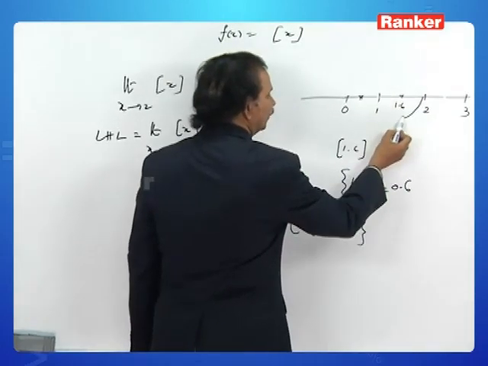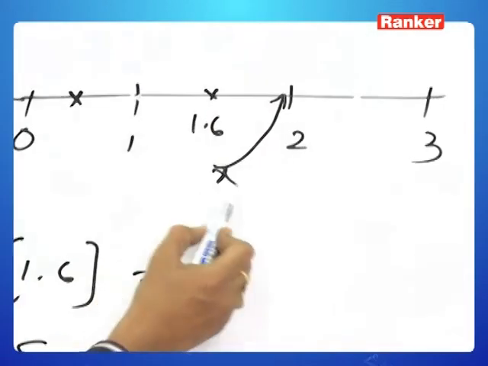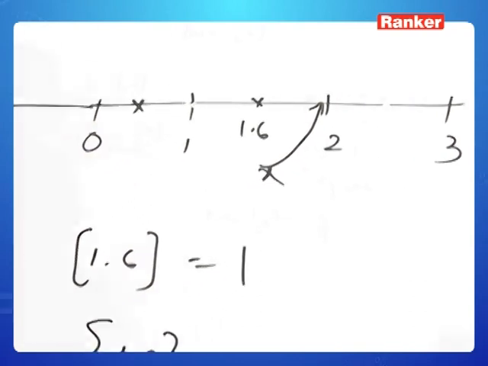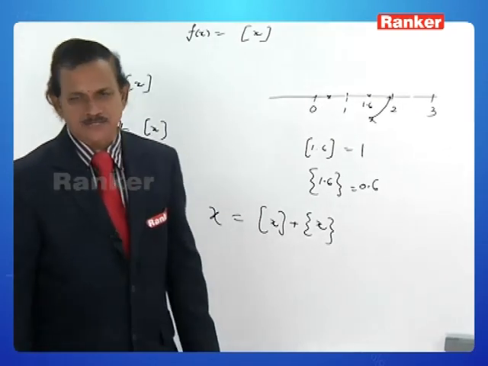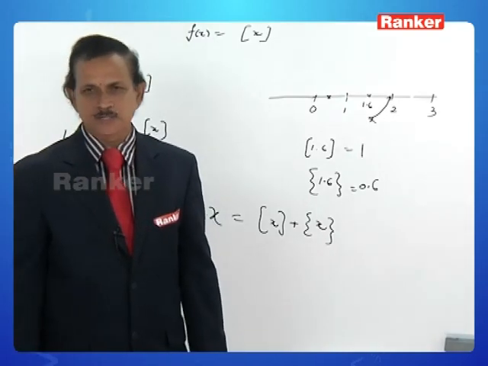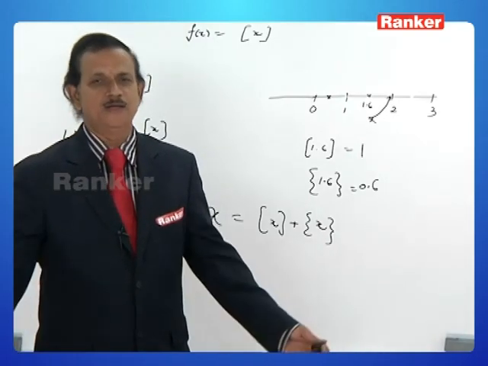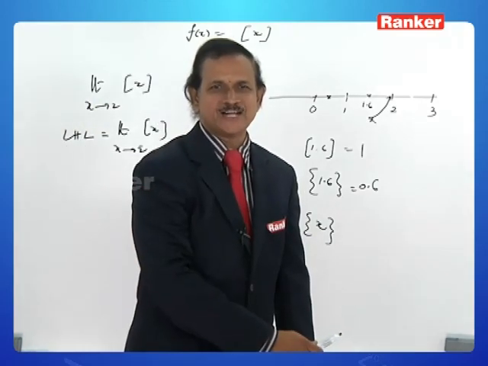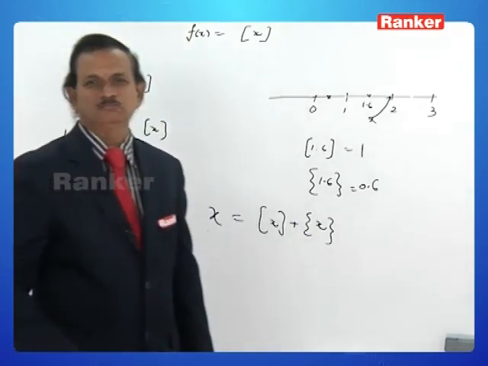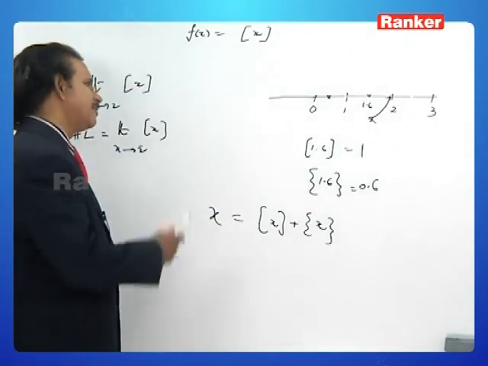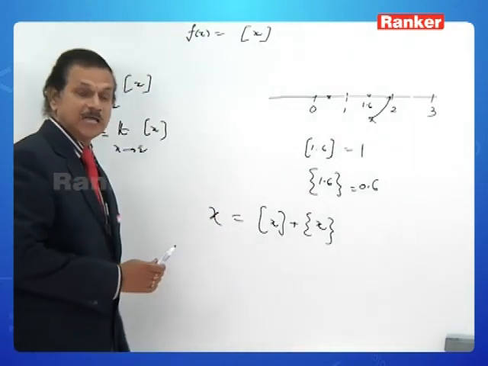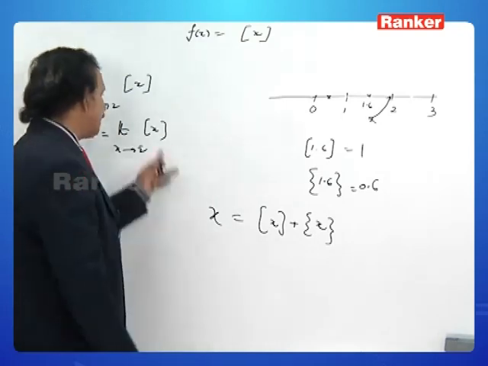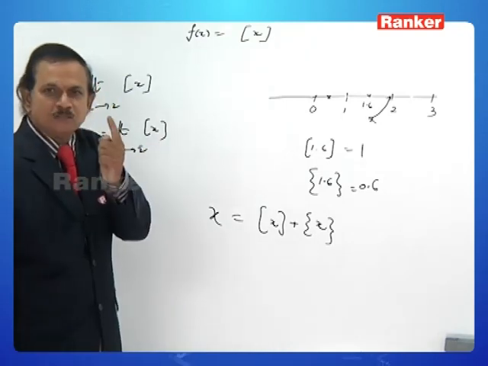There, just behind 2. We can imagine it can be 1.99999999999. It is not 2, it is very near to 2 and to the left of 2. So whatever might be the value of x, as it is very near to 2 and to the left of 2, integral part of x is 1.